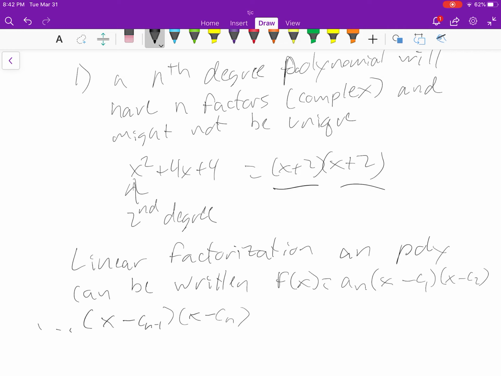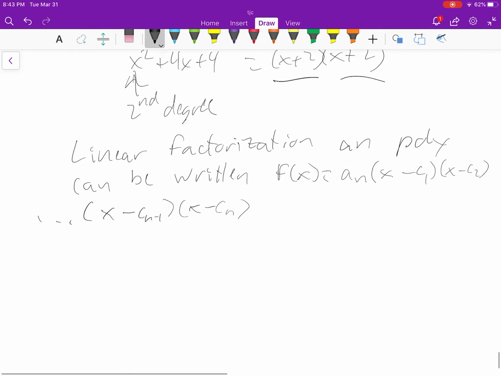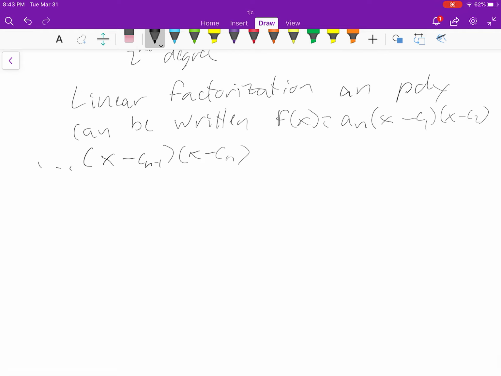Okay, where you have these n complex factors. And of course, these complex numbers could be real numbers or could also be complex. Okay, and this is called linear factorization.